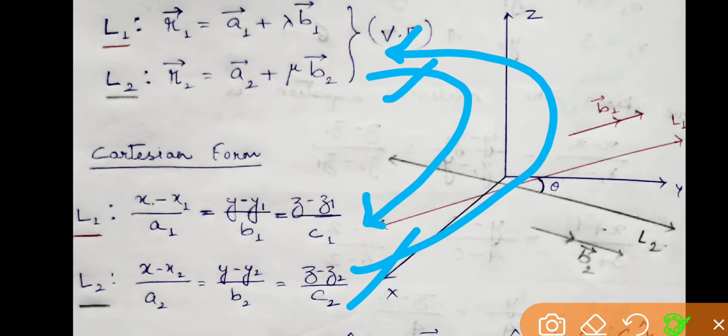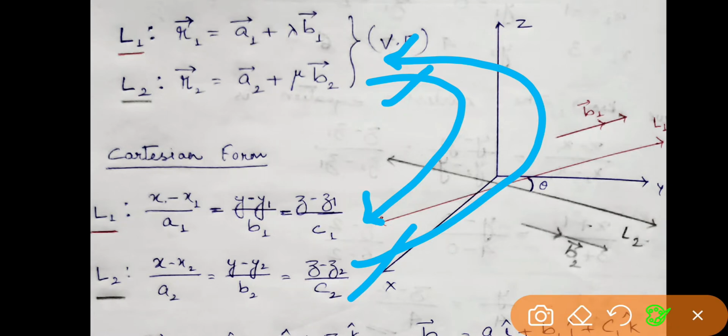If you are not able to do this, go and see the previous two videos very nicely, understand direction ratios and direction cosines, and how we represent a Cartesian equation in vector form and a vector equation in Cartesian form. Once you are clear with that, only then come to this video.